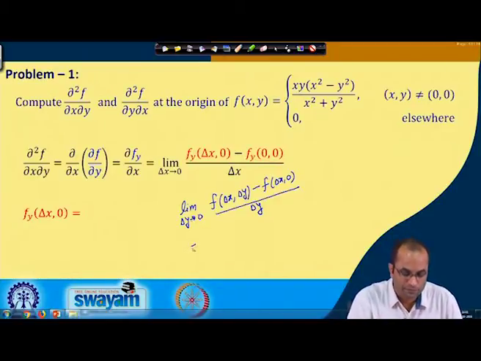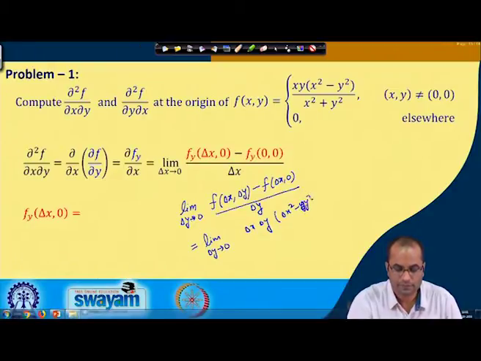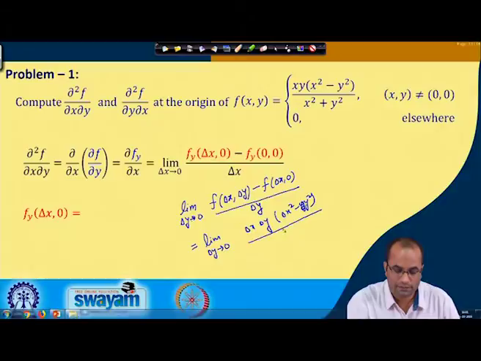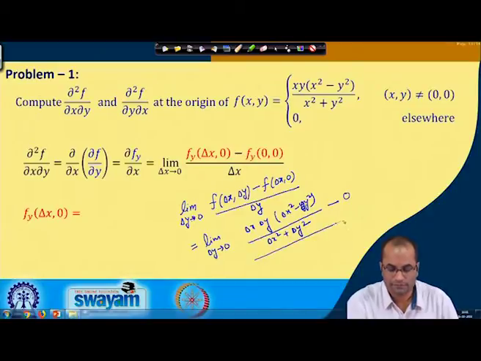Now if we compute this, delta y goes to 0, f(delta x, delta y). We substitute delta x and delta y, and we have delta x squared minus delta y squared, divided by delta x squared plus delta y squared, minus f(delta x, 0). When y is 0, this becomes 0, and we have the delta y term, which again gets cancelled.